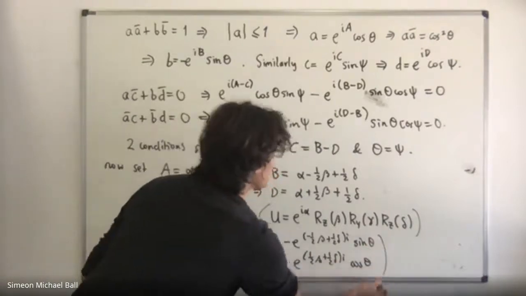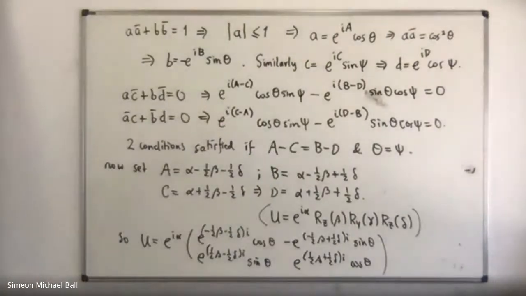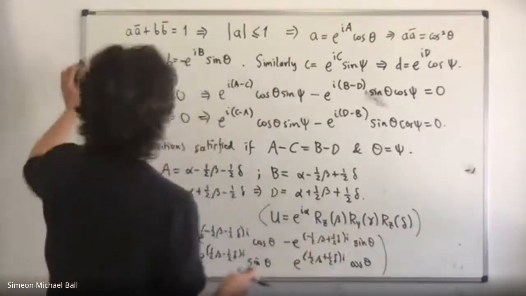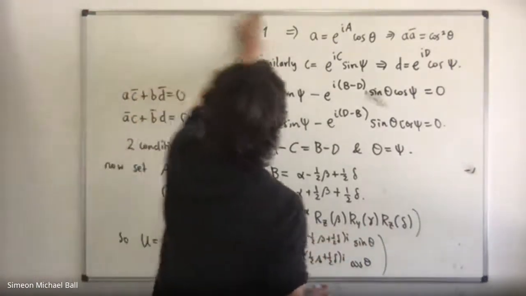Okay, so yeah, so we need to now prove that this is the same as we had before. We have to prove this is the same as this. So let's just do that up here.